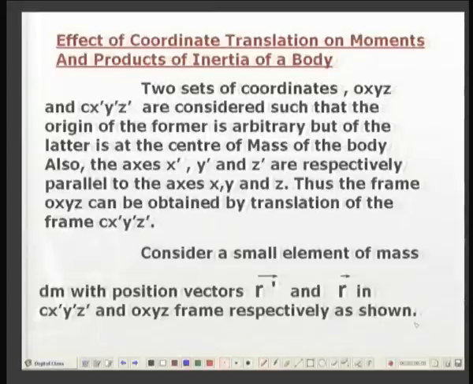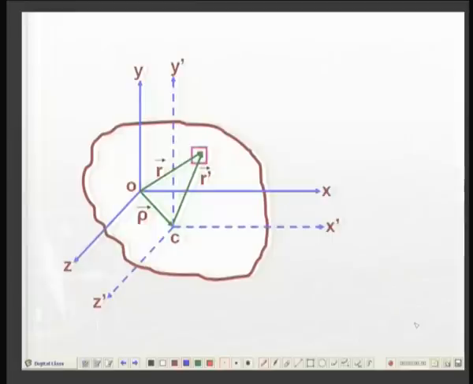Today we will study the effect of coordinate translation on the moments and products of inertia of a body. Translation means the coordinates are moved without rotation. For example, consider an arbitrary body shown here, and two Cartesian coordinate systems. One is this dashed one, with origin C, which is the center of mass of the body.